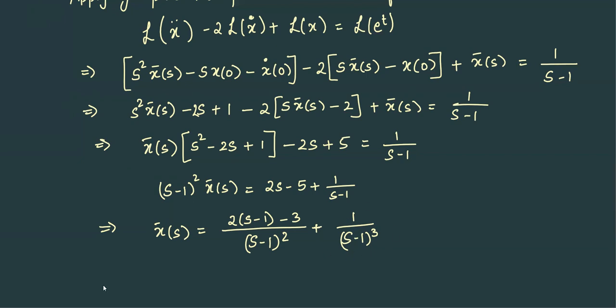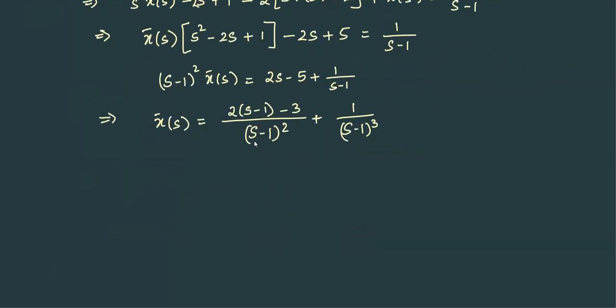That becomes 1 by s minus 1 whole cube. So we get x bar of s is 2 upon s minus 1 minus 3 upon s minus 1 the whole square plus 1 upon s minus 1 the whole cube.